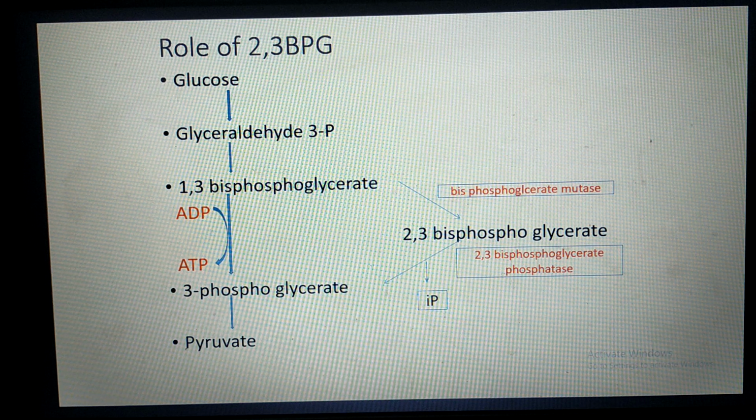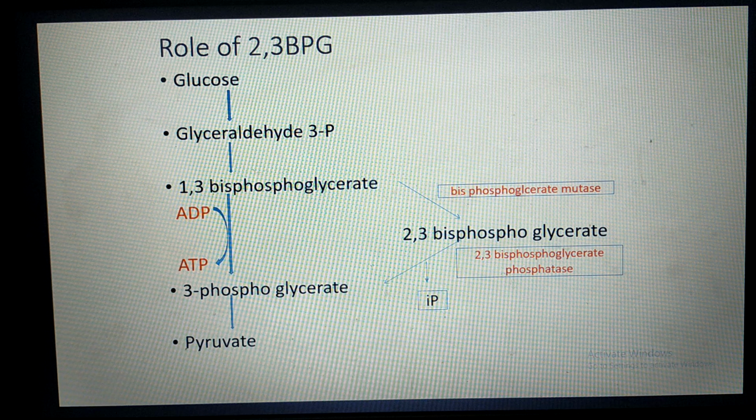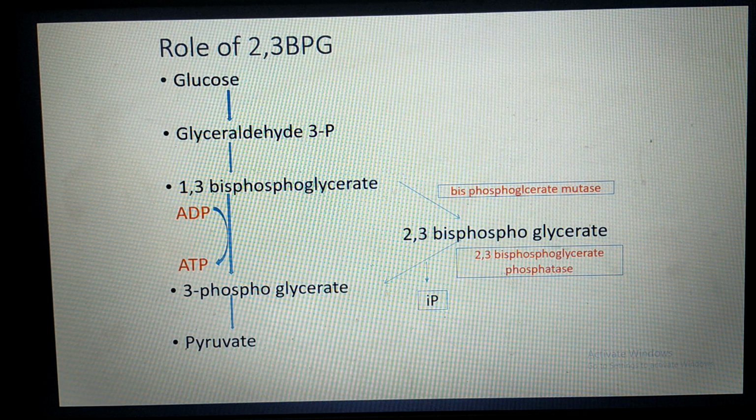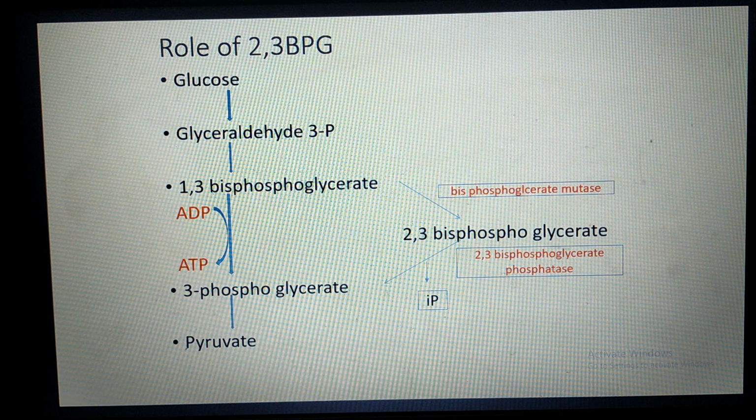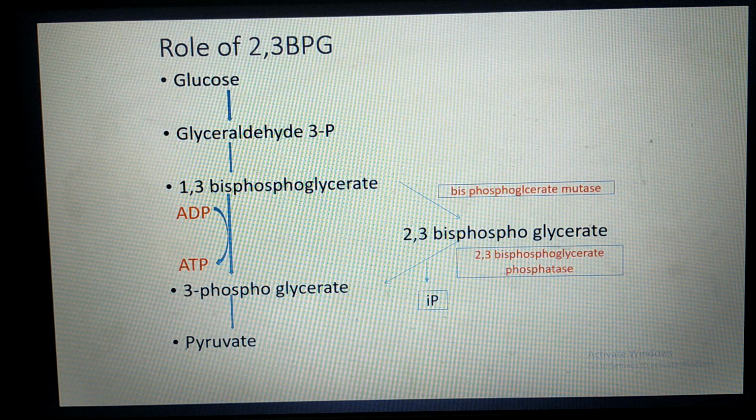But in the Rapoport-Luebering cycle in RBCs, this 1,3-bisphosphoglycerate is converted into 2,3-bisphosphoglycerate with the help of the enzyme bisphosphoglycerate mutase. Here the phosphate group attached to the first carbon is shifted to the second carbon.